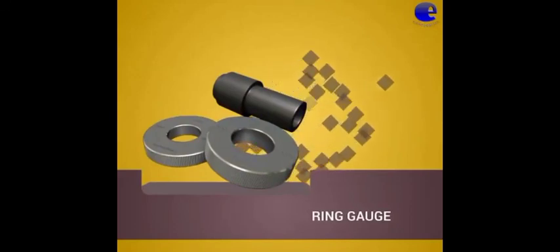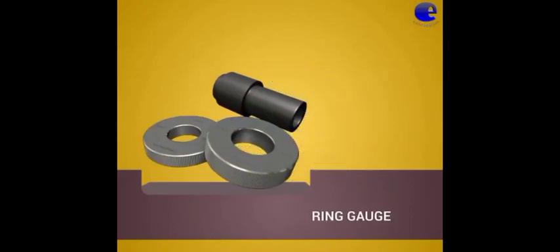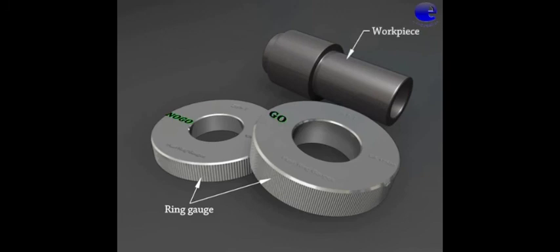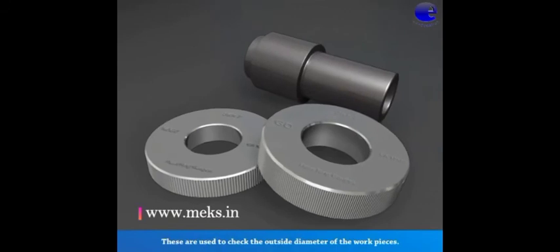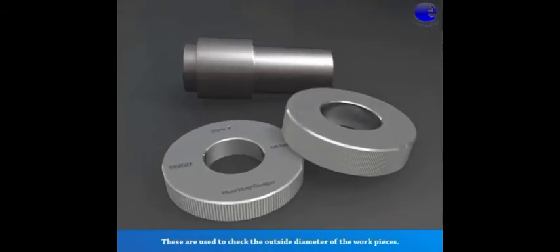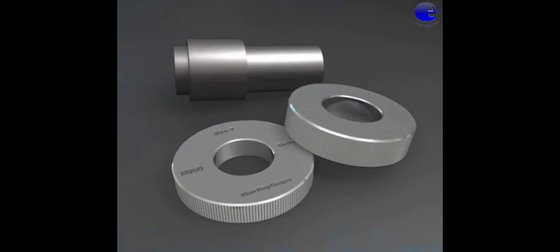Ring gauge. Let us see a 3D model of a ring gauge. Workpiece. These are used to check the outside diameter of the workpieces. Separate gauges are used for checking go and no-go sizes.